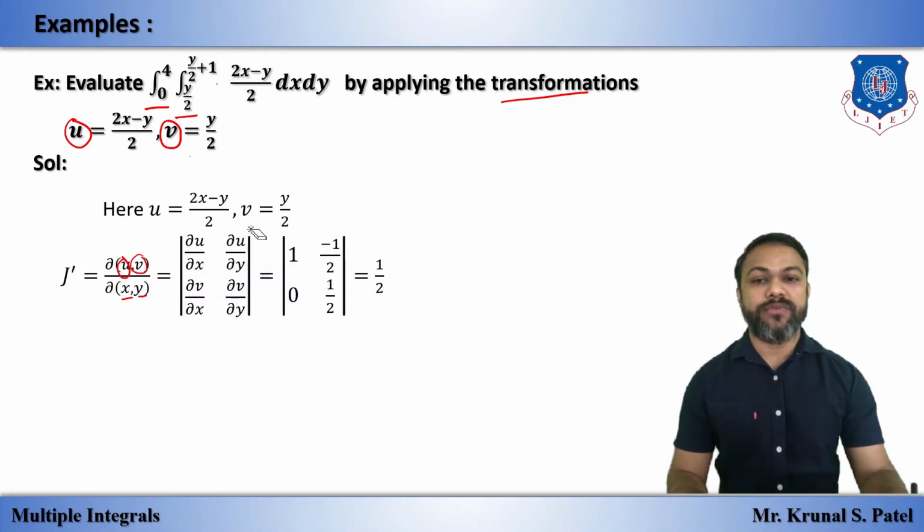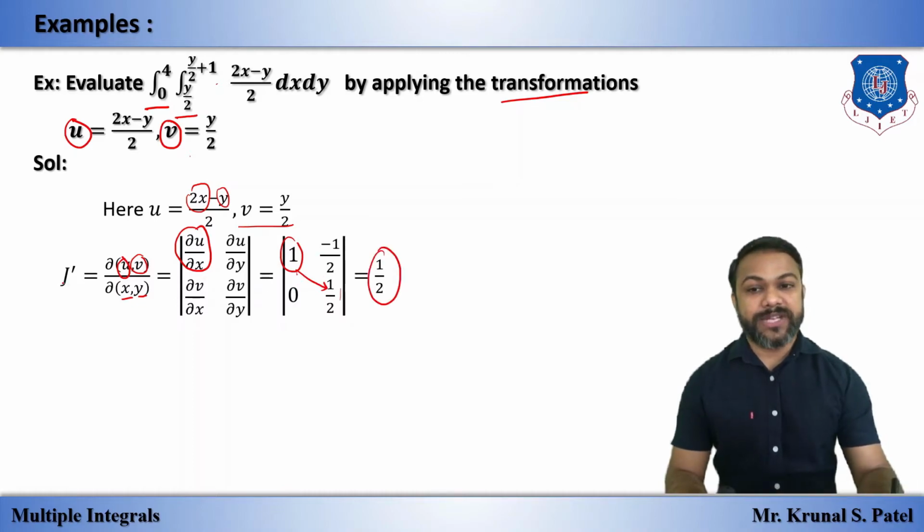Now we have to differentiate u partially with respect to x. So we get 0, since 2 is a constant, and the differentiation of 2x is 2, so the 2 cancels and we have 1. Similarly with respect to y, we get minus 1 by 2. The derivative of v with respect to x is 0, and v with respect to y is 1 by 2. By simplifying, 1/2 minus 0, so J dash is 1 by 2.